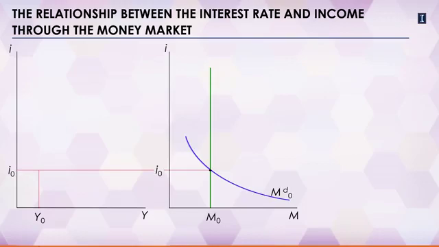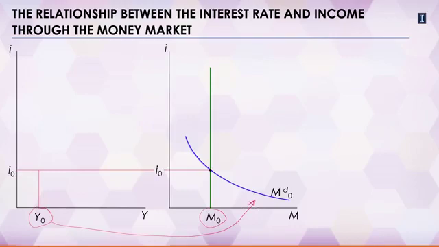Let's say we have our real income equal to Y0 and money supply is M0, and the income level Y0 has given rise to money demand curve MD0.